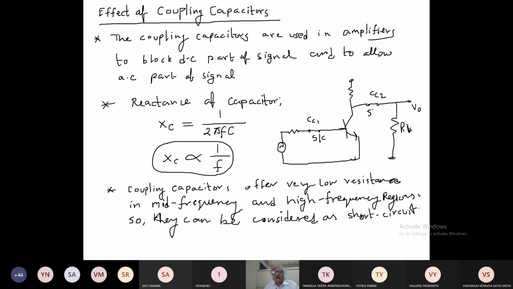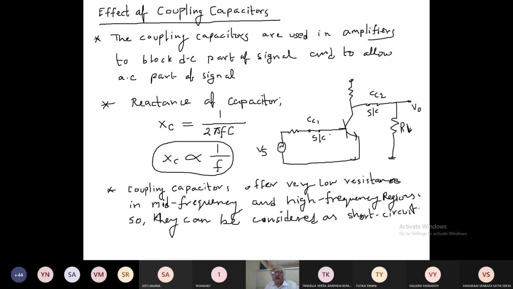Here also it is a short circuit. So now what will happen? Across a short circuit, do you find any voltage drop? No, sir. So whatever is the V in, the voltage which we want to amplify, will pass through this short circuit capacitor without any drop, right?